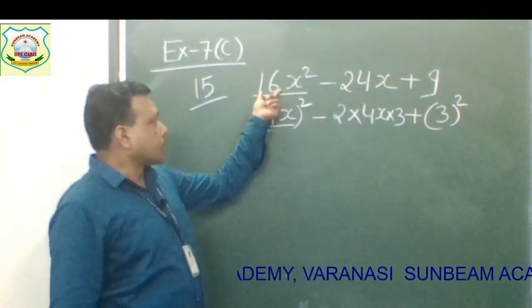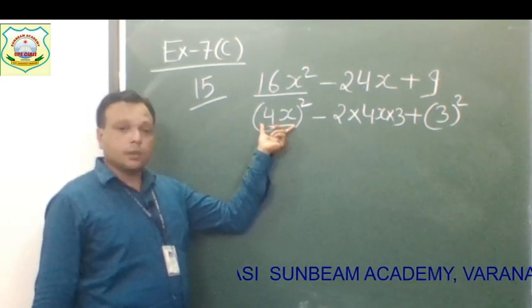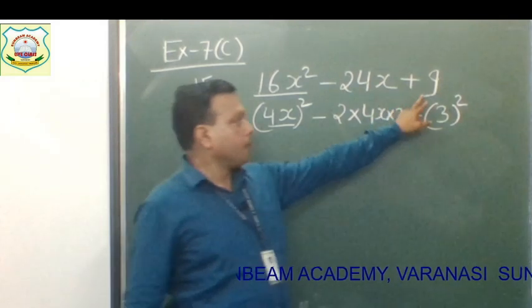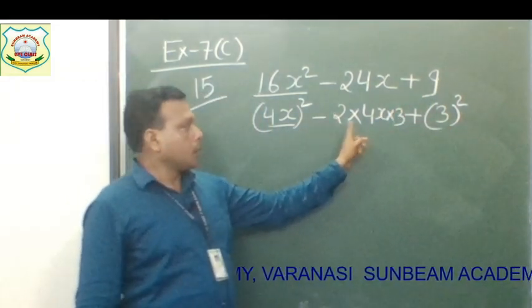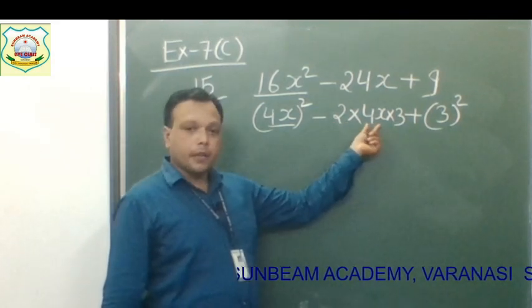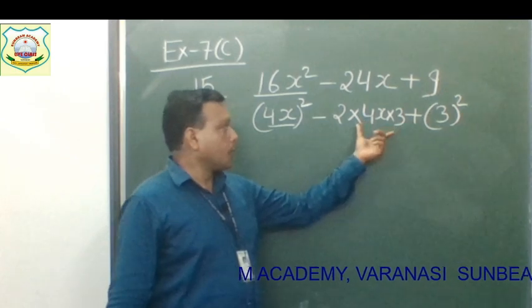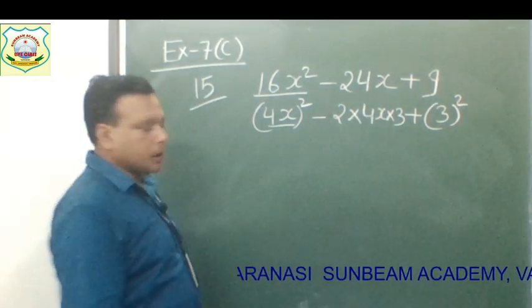Again, 16 is the square of 4x whole square, 9 is the square of 3, minus 2 into 4x multiplied by 3. That means 2 fours are 8, 8 threes are 24x. So students, what identity will we use here?